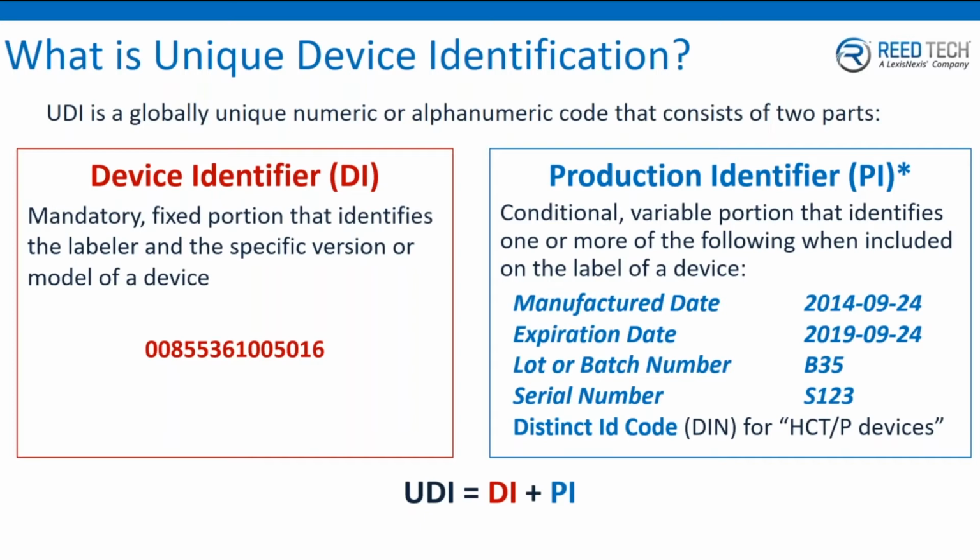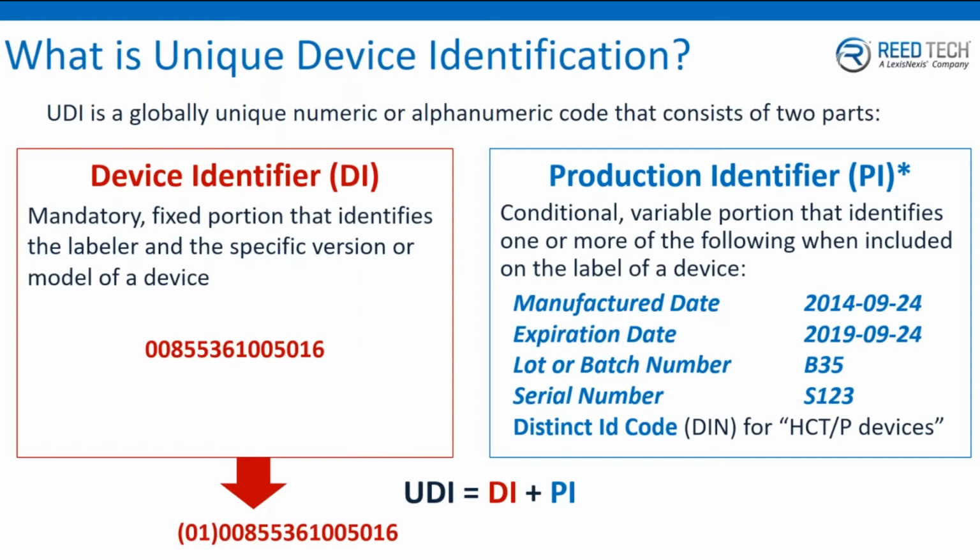If we were to construct a full UDI with the sample data in front of us, the (01) prefix is included in front of the device identifier, and that helps the various automated reading computers and other types of barcode readers identify the value that follows.